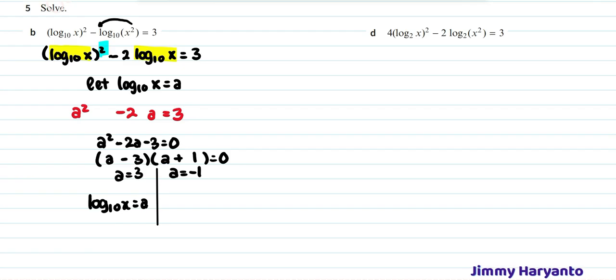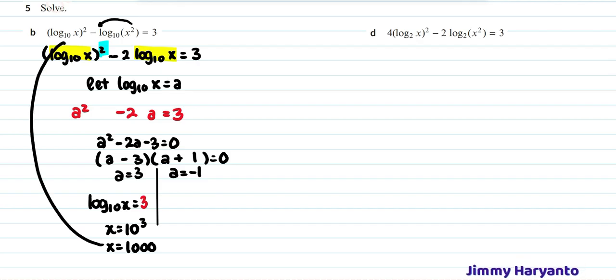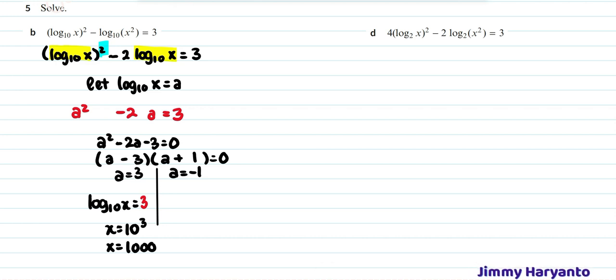So log 10x equals a previously, that means the a can be replaced by 3, and then I will move the log 10, it will become 10 to the power of 3 and x equals 1000. If I check it into the questions, 1000 is safe because it will not give you the negative numbers.